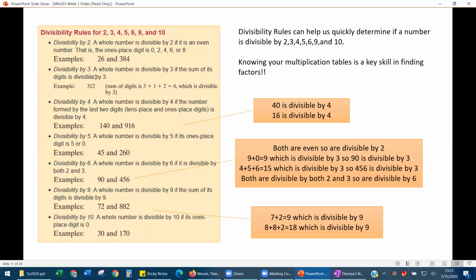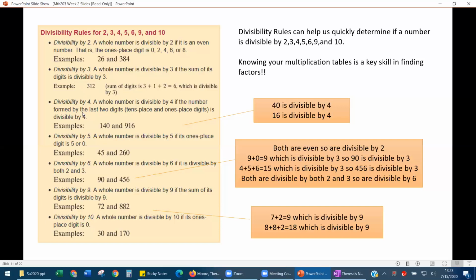Divisibility by 3. A whole number is divisible by 3 if the sum of its digits is divisible by 3. So the number 312, you wouldn't think right off the bat to divide 3 out. You would look at it and say, oh, that's even, let me divide 2 out. But in essence, 3 plus 1 plus 2 is 6, so that means it's divisible by 3 as well.